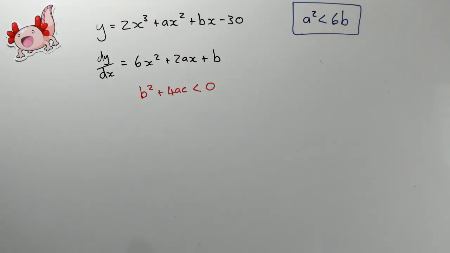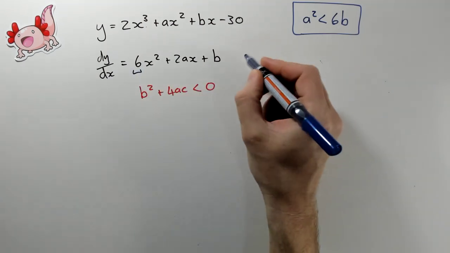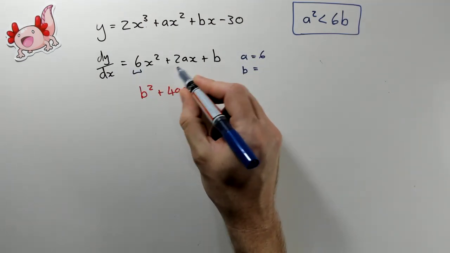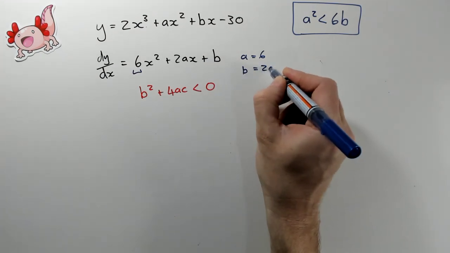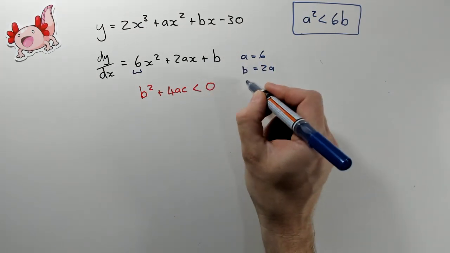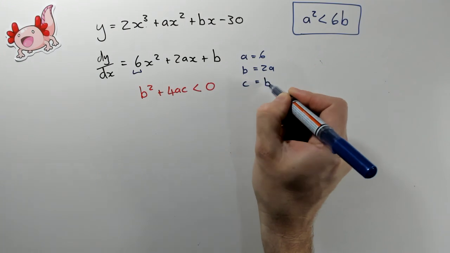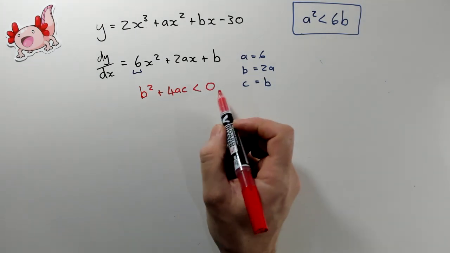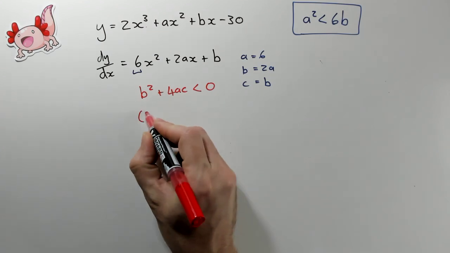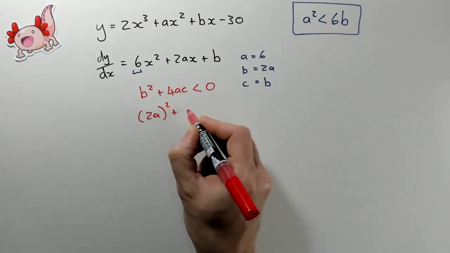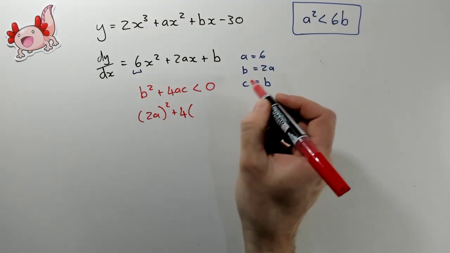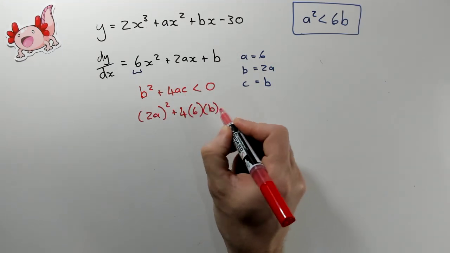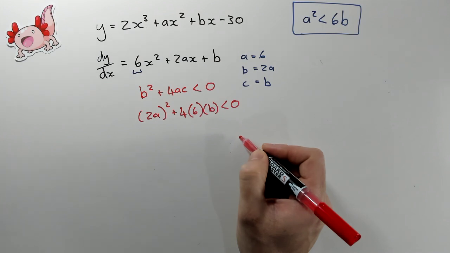I'm just going to write on the side that a is 6, b is, in this case, 2a, and c is b. Okay, that's not confusing at all. So for b it's b squared, so 2a squared, plus 4a, that's the 6, and the c, which is the b. This all should be smaller than 0.